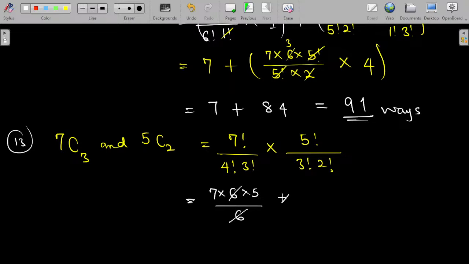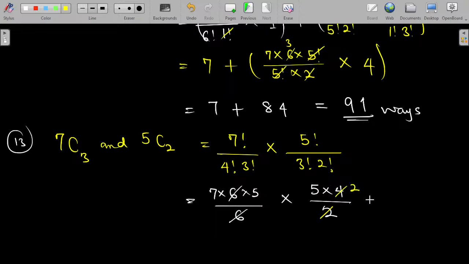Then times, let's come over to this one. I can expand this one to 5 times 4, then times 3 factorial, and that 3 will cancel this one, so no need writing it. And your 2 factorial is 2. Okay, so here 4 will cancel 2, 2 will cancel 4, and you will have 2 left.